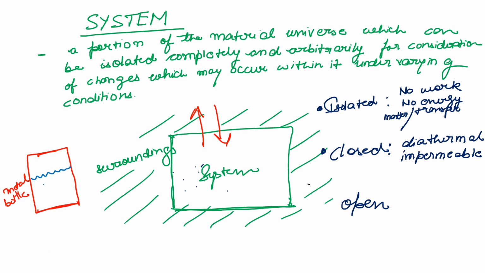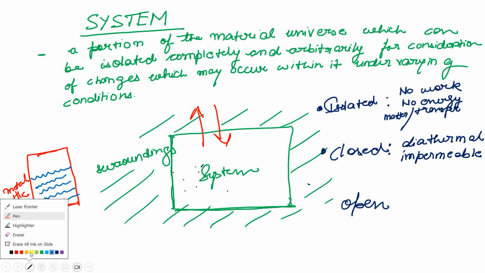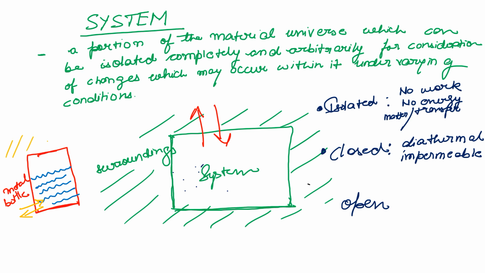So if we have water in here, in this case, since it's metal, the heat can easily flow in and out of the system. If the water was initially hot, it will come into thermal equilibrium with the surroundings, and we will have free exchange of heat, but there will be no mass flow. That is, the water that's here can't go in or out of the system, right? Nothing can go in or out of it.